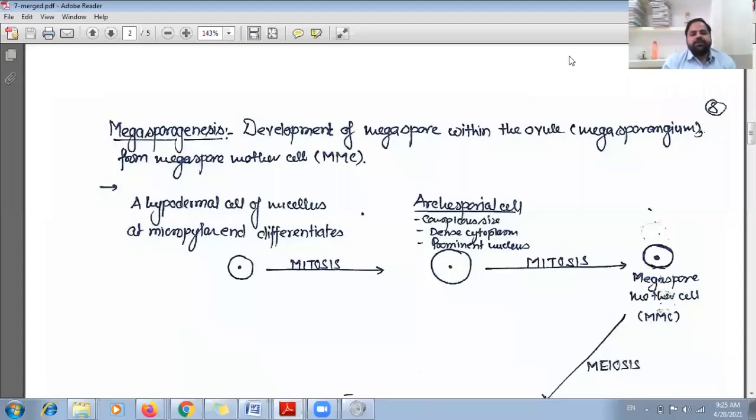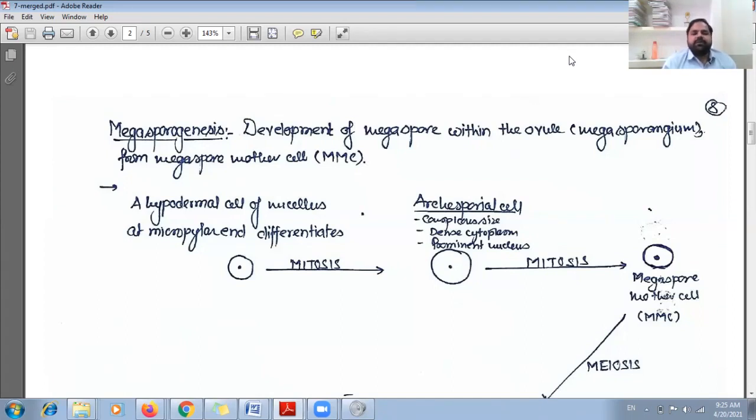Now we'll see the megasporangiogenesis. As I told, what is the meaning of genesis? Genesis means formation. When the megaspore will be formed, then the process will be called megasporangiogenesis. So the development of megaspore within the ovule, it is obvious the megaspore or egg is present inside the ovule only. So development of megaspore within the ovule and megasporangium from the megaspore mother cell.